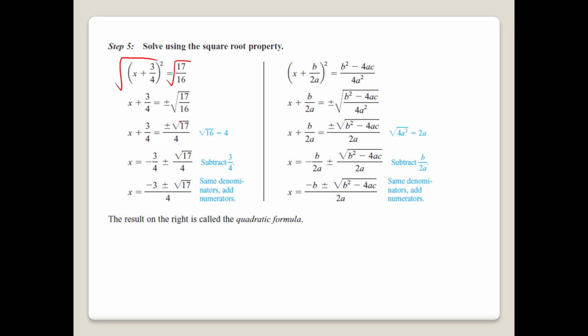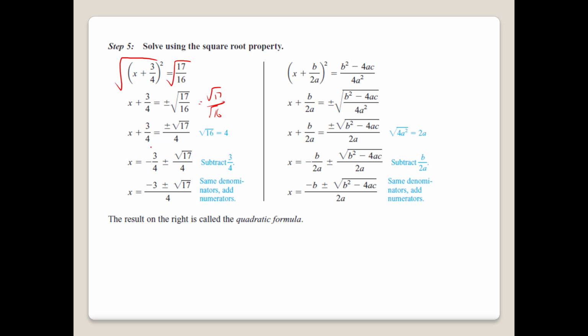That can be simplified by taking the square root of 17 over the square root of 16, and that's how they got the 4 in the denominator. So we still got plus or minus square root of 17 over 4.